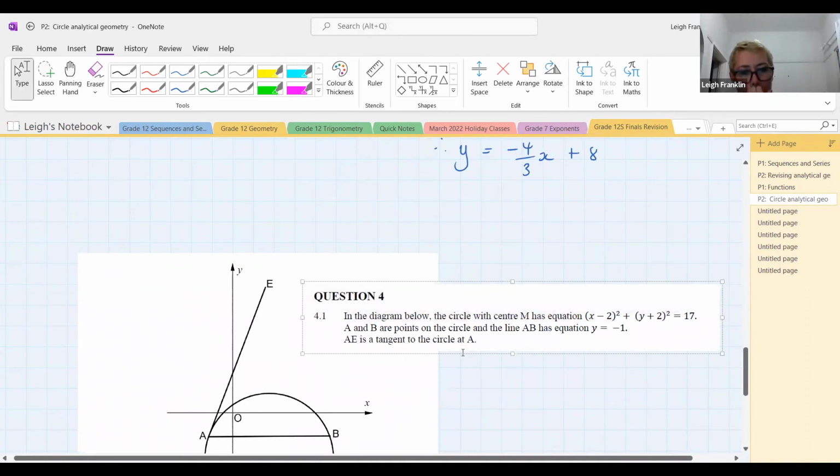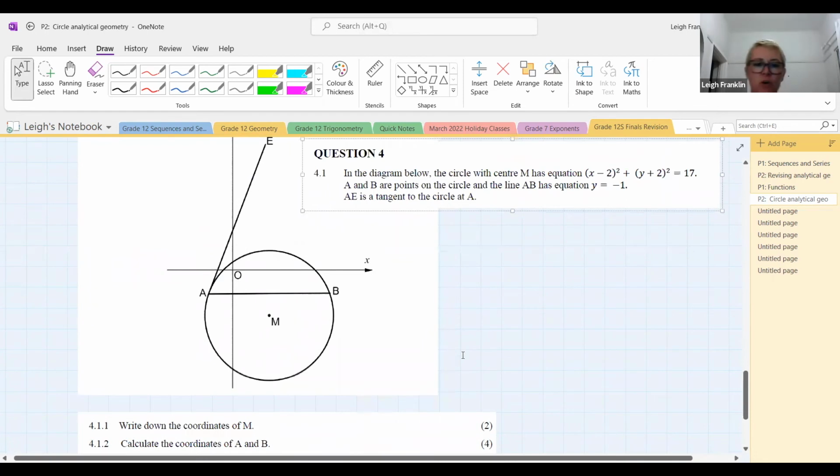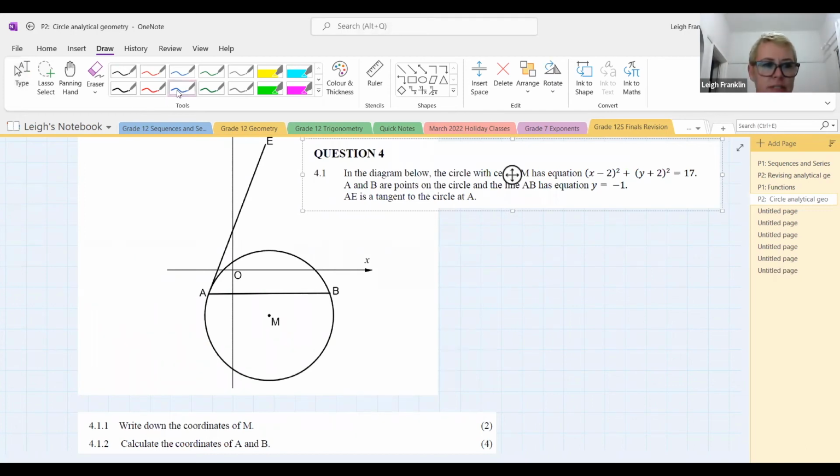All right, so here they have given us the equation of the circle: x minus 2 squared plus y plus 2 squared equals 17. So we can see this has been given to us in the form x minus a squared plus y minus b squared equals r squared. So if we just look at the equation, can we work out what the coordinates at M are?